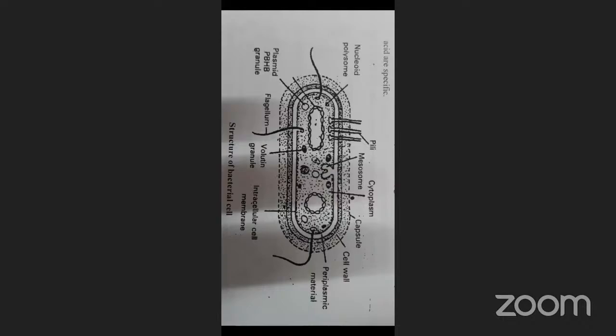The bacterial cytoplasm is a complex mixture of, any idea? Cytoplasm contains nucleoid, plasmid, some ribosomes. The bacterial cytoplasm is a complex mixture.